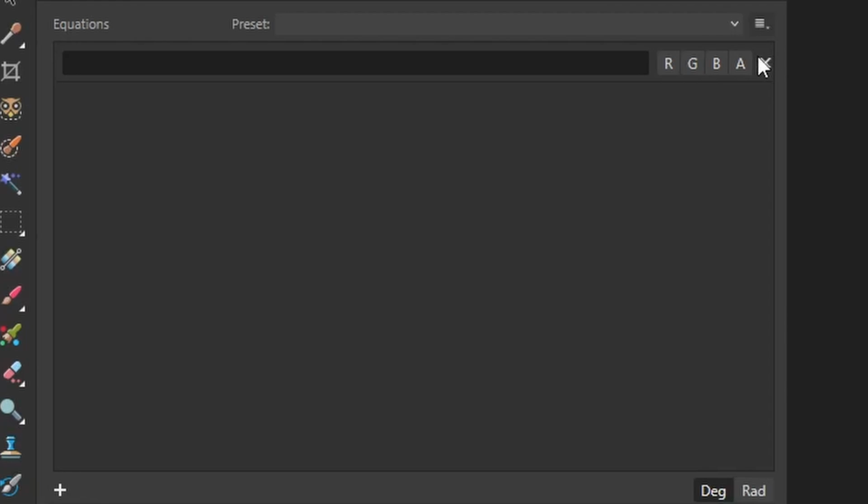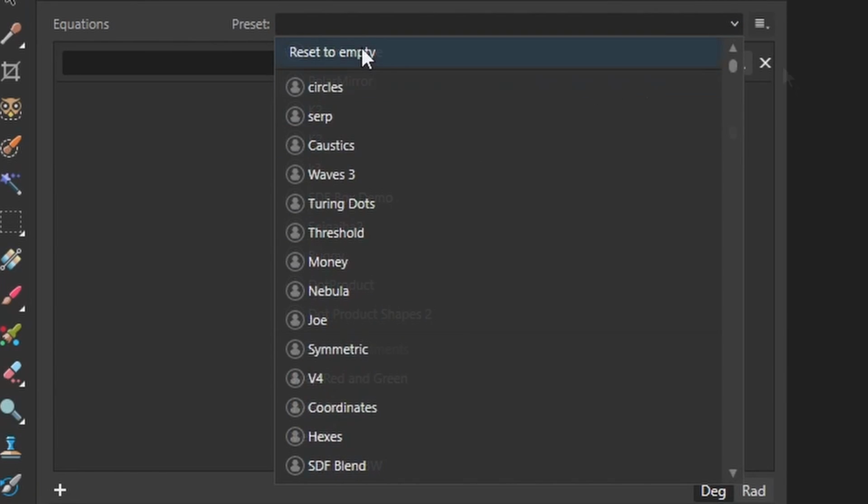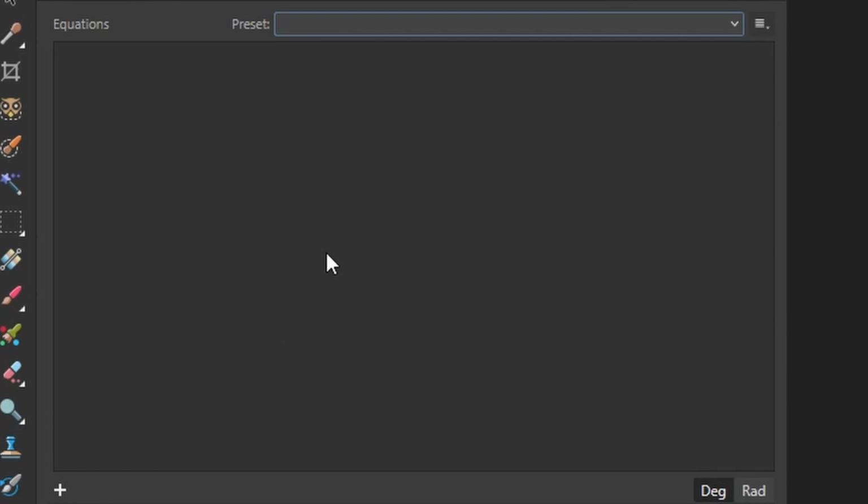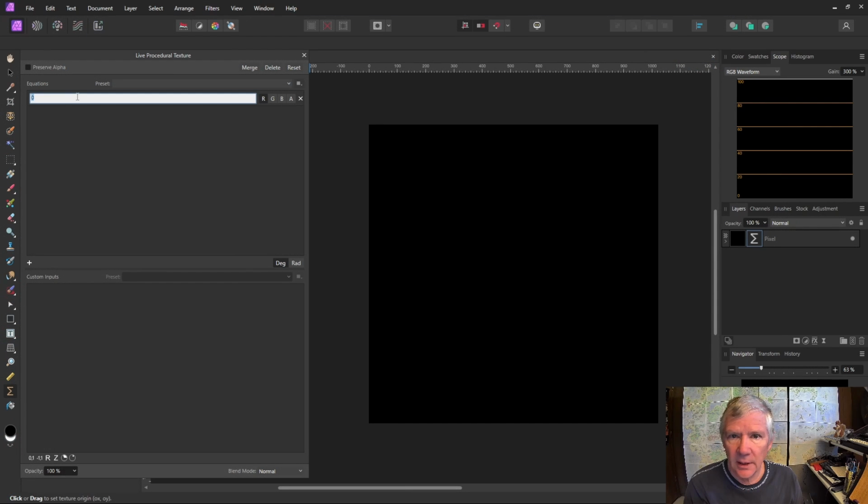Just going to start with a reset to an empty equation, and I'm going to add a single equation, and I'm going to look at the inverse functions now. The inverse functions, the sine and the cosine both divide by the hypotenuse.